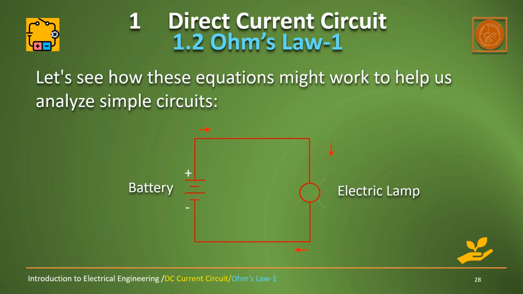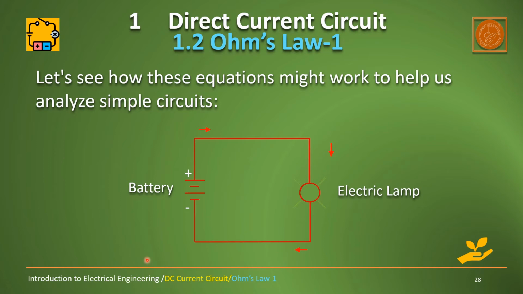Let's see how these equations may work to help us analyze simple circuits. In this circuit, there is only one source, the battery here. There is only one resistor, the electric lamp, this one. This makes it very easy to apply Ohm's law.